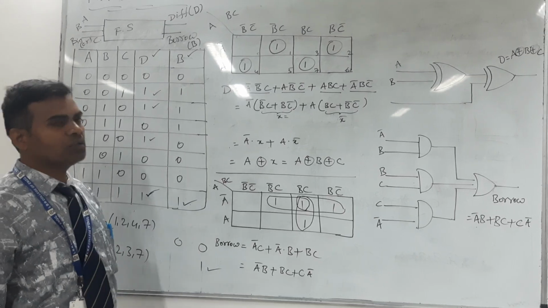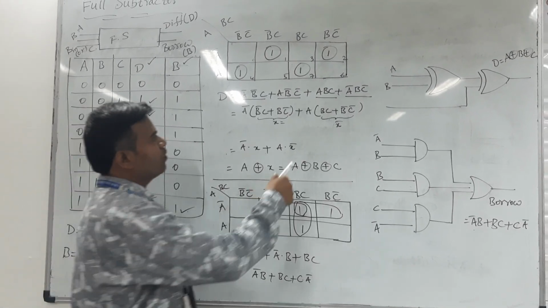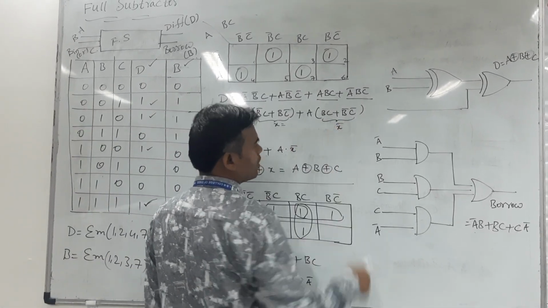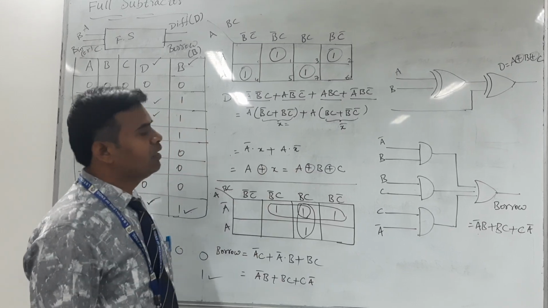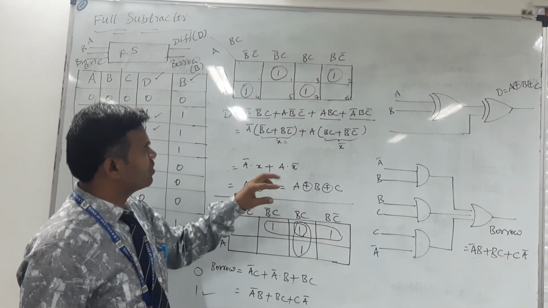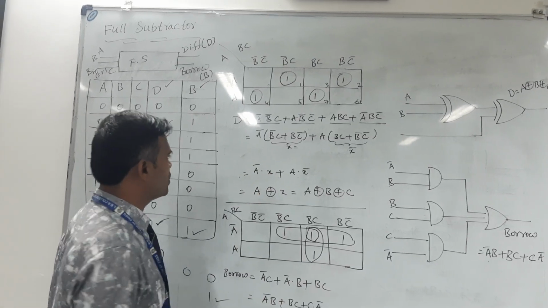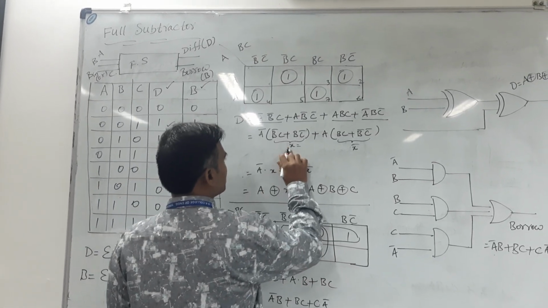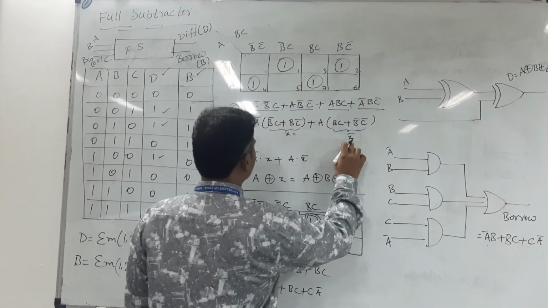This is nothing but B XOR C. And what is this? B C plus B bar C bar, which is nothing but B XNOR C. What is the relation between XOR and XNOR? Both are complements of each other, based on that I am writing this as X, and this becomes X bar.